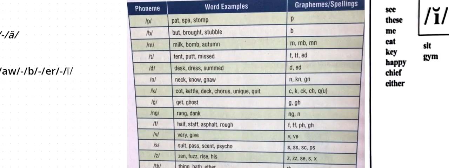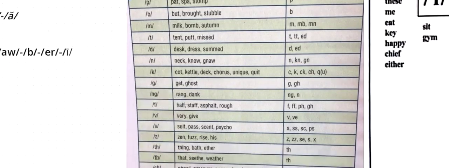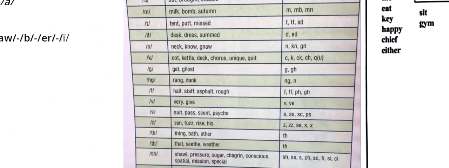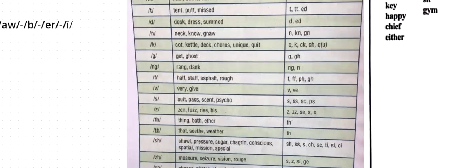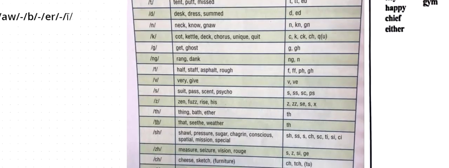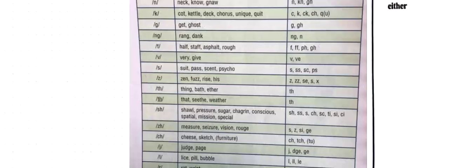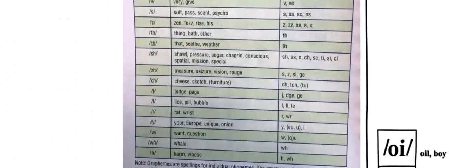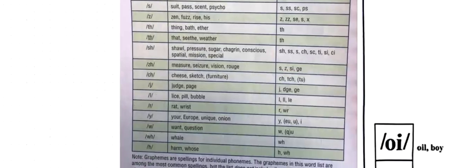These are called graphemes, and these are called phonemes. So p, b, m, t, d, n, k, g, n, f, v, s, z, sh, z, ch, j, l, r, y, w, w, h.